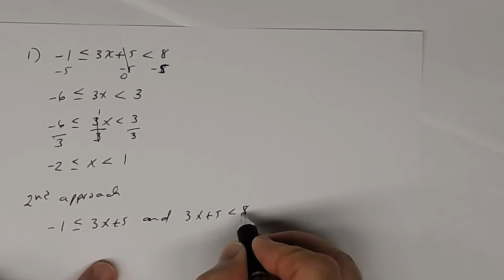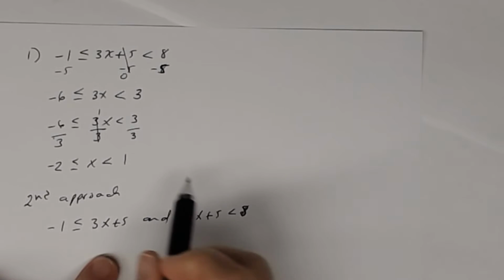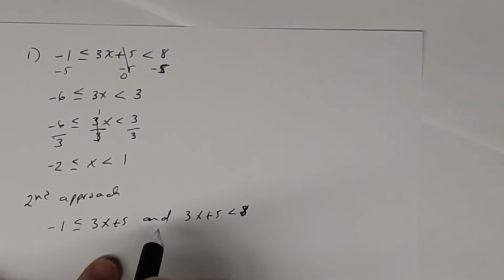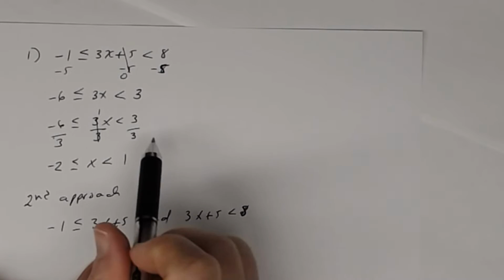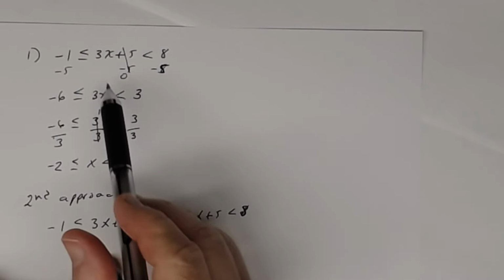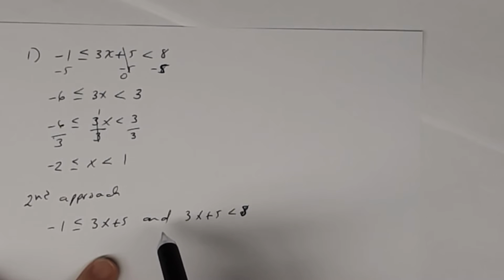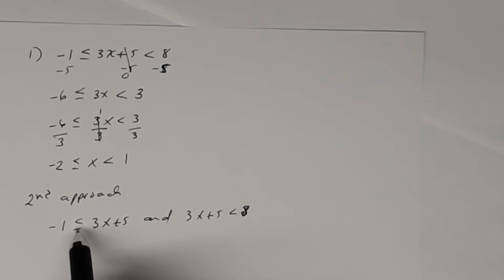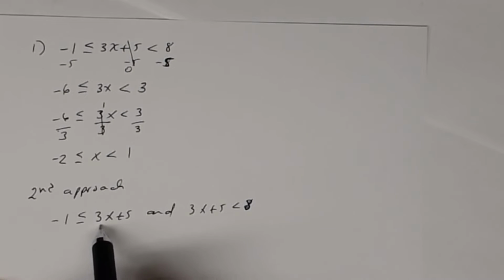Some students, when seeing a compound inequality like this, prefer to write it as an and statement. Most students don't. Most students will do what we just did. But this is really an and statement, not an or statement. And so if I solve each one individually, let's subtract 5 from each side, and I get -1 and -5 is a -6, is less than or equal to 3x.